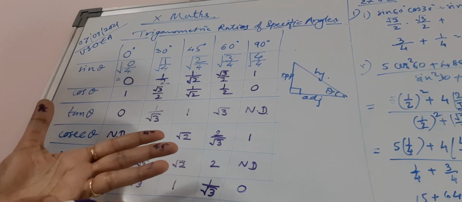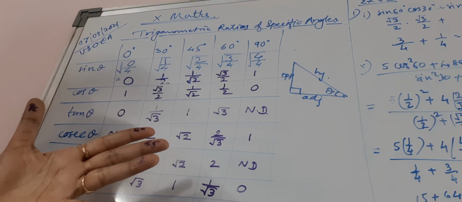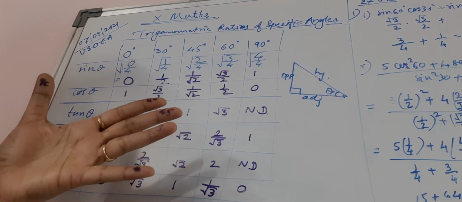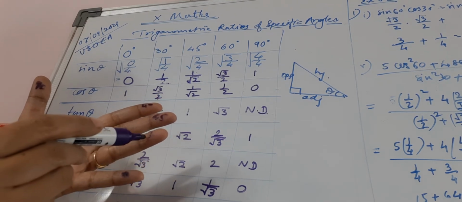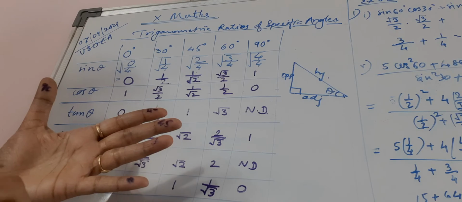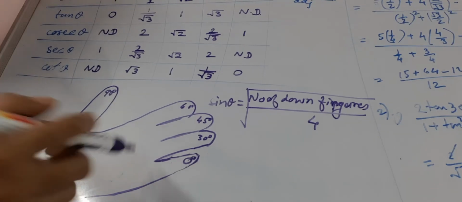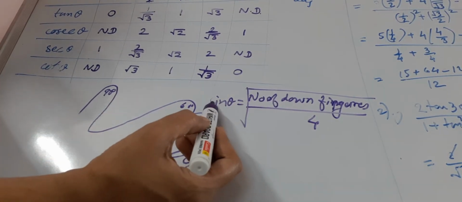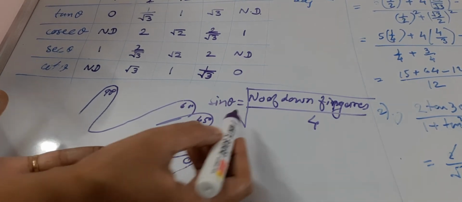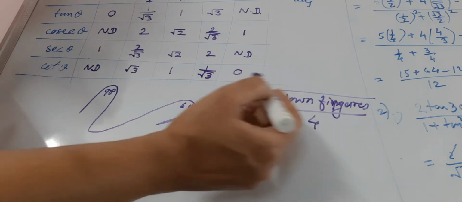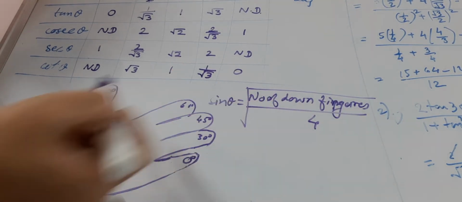If we want to find the sine of 0, how many fingers are below 0? Nothing. So 0 divided by 4, and square root. Using this formula, out of these 5 angles you can find sine as the square root of the number of fingers down divided by 4.